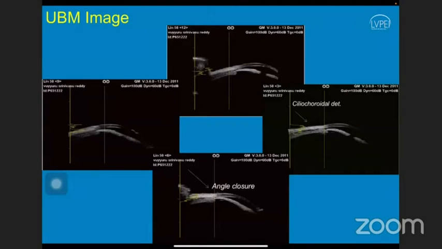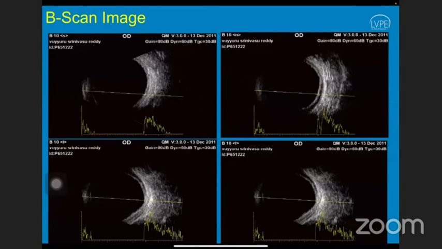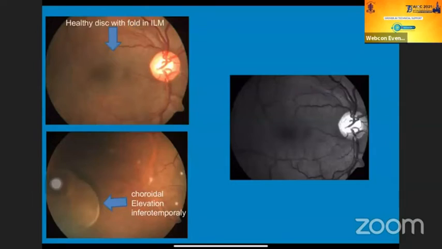And what we can see is, apart from angle closure, which is visible in many quadrants, we can also see a uveal effusion here. And on the B scan, we can see a broad area of choroidal detachment and the sclera to be thickened.